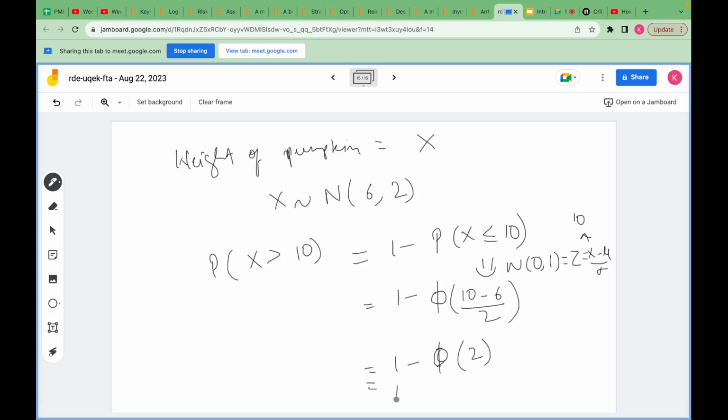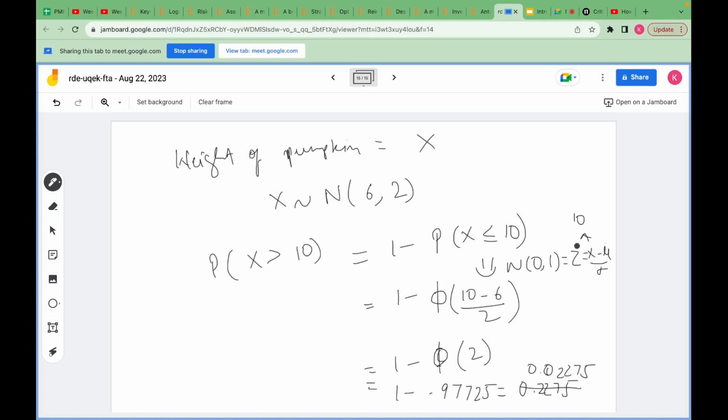So this is nothing but 1 minus 0.97725, which is 0.02275.